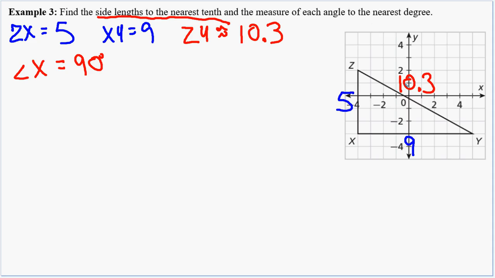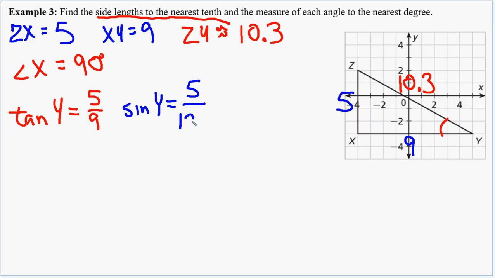So I'm going to set this up all three ways. If I'm at angle Y and I use my opposite and adjacent side, that would be tangent. So I could do the tan of Y is equal to 5/9, and then I could divide and do the tan inverse. If you don't want to do that, we could have done the sine of angle Y.